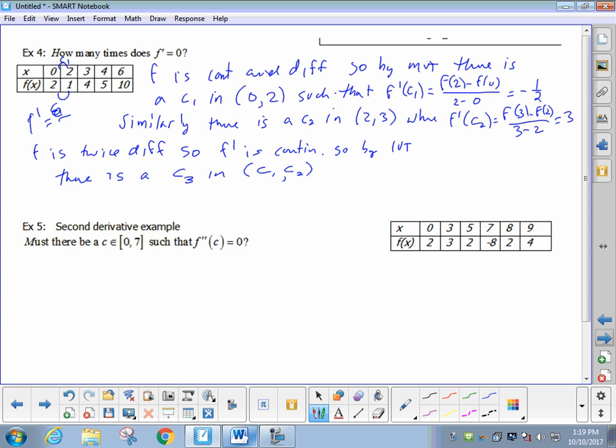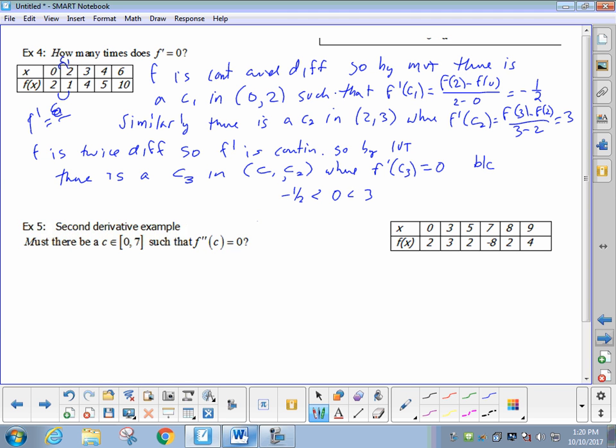You could even say 0 to 3, really. There's a C3, and I just say it's between C1 and C2, where f prime at C3 equals 0 because 0 is between -1/2 and 3.